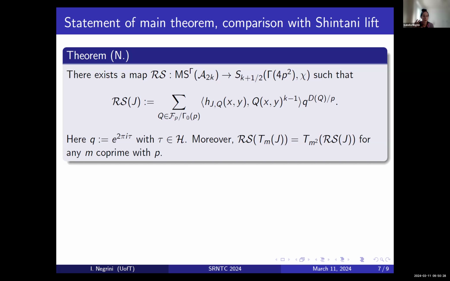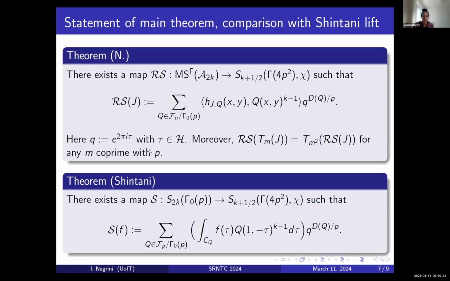Now I want to compare this statement with the statement for the Shintani lift. So in the case of Shintani, the map is going from integral weight modular forms to half integral weight modular forms. And again, we are summing over the same set. So again, this is an infinite sum over binary quadratic forms.